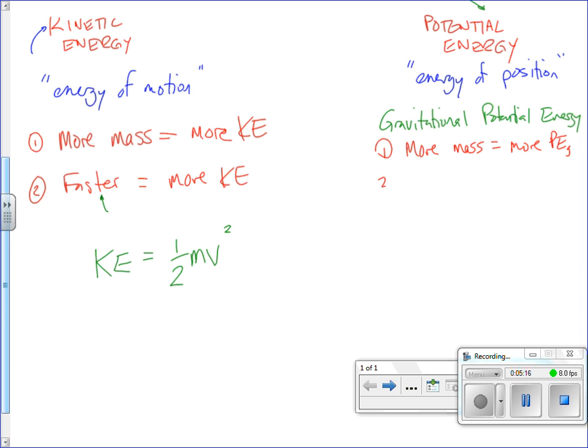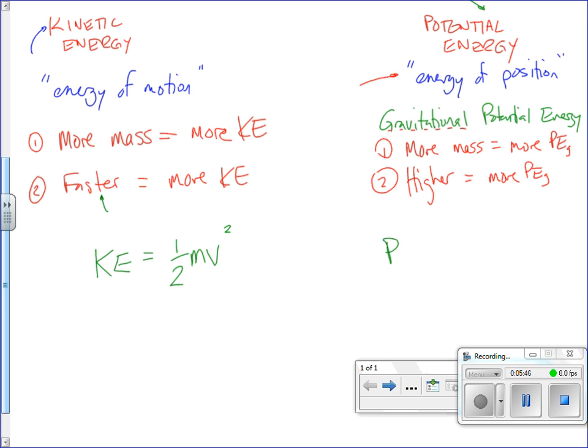All right, and the other thing is this. It doesn't have anything to do with how fast things are moving, right? But it does have to do with where things are. And since it's gravitational stuff, it has to do with how high up things are. Higher. And so this one goes like this.